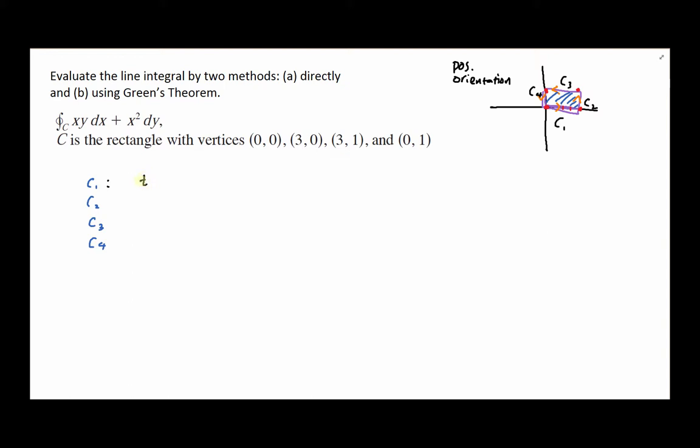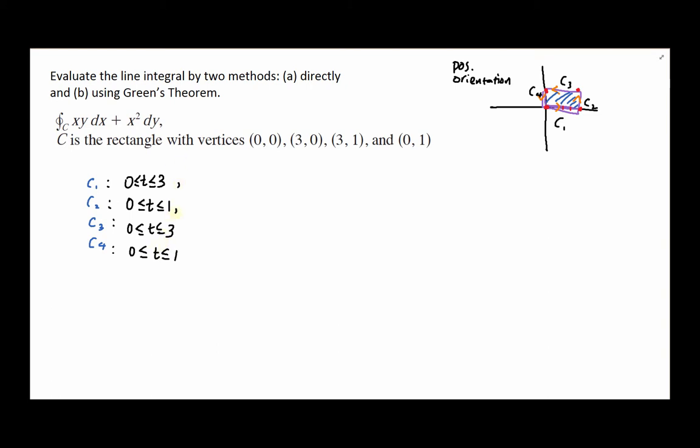For C1, I'm going to make t between 0 and 3 because it makes our life much easier. You can choose different numbers if you want, but make sure they're consistent with the parametric setup. For C2, t is between 0 and 1 because we have a 1 unit difference. For C3, t is between 0 and 3 because of another 3 units. And for the fourth, t is between 0 and 1 because there's only 1 unit difference.